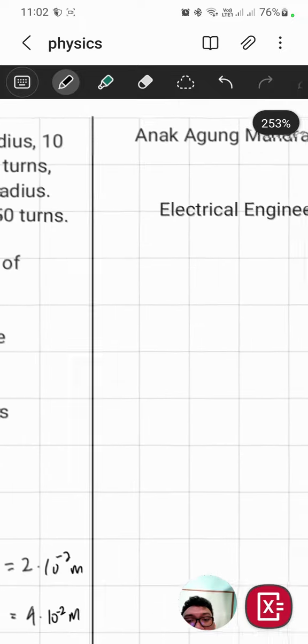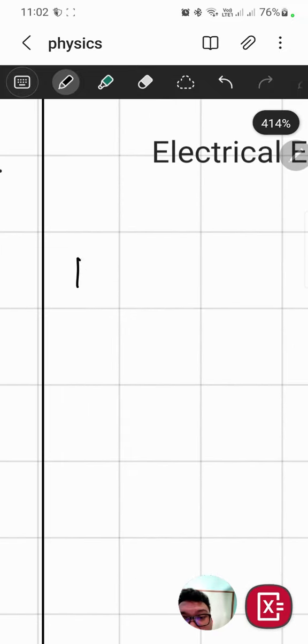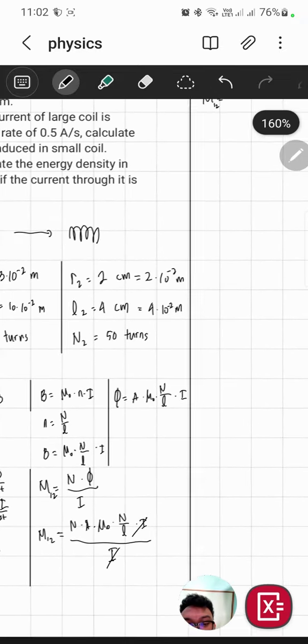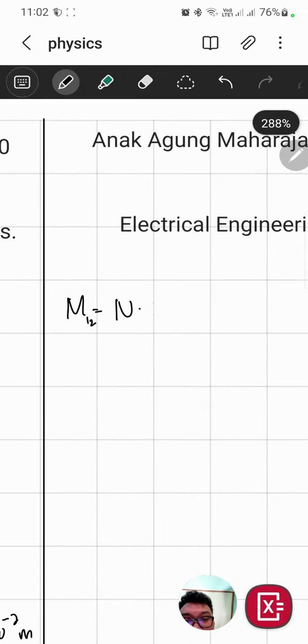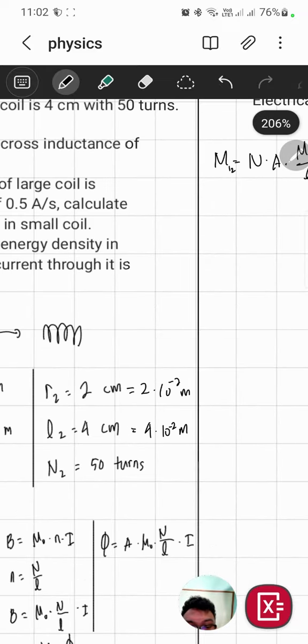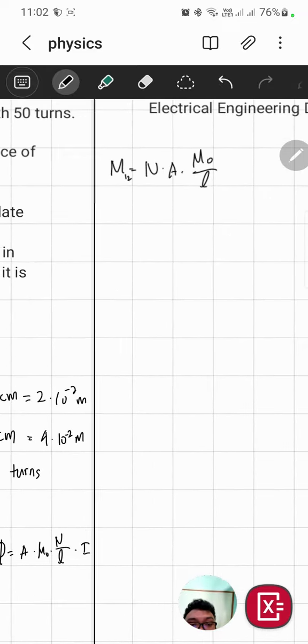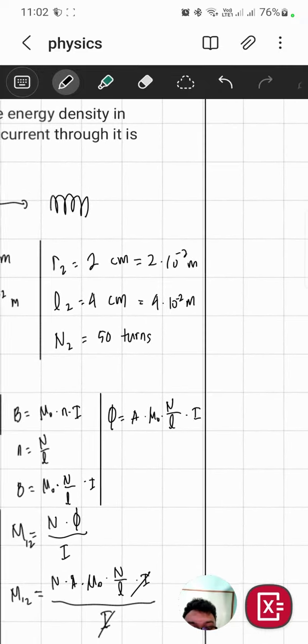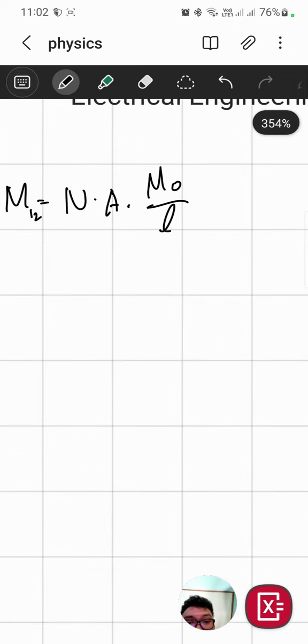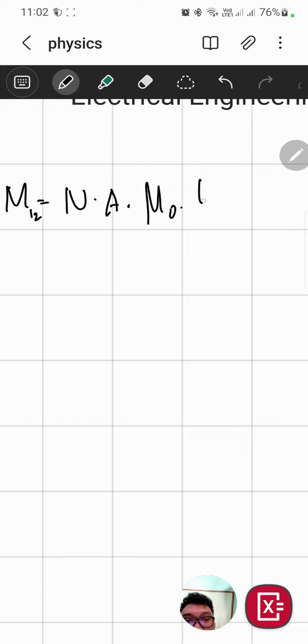So M12 is N times A times mu 0 times N over L.